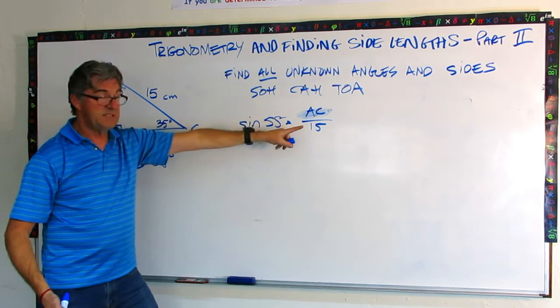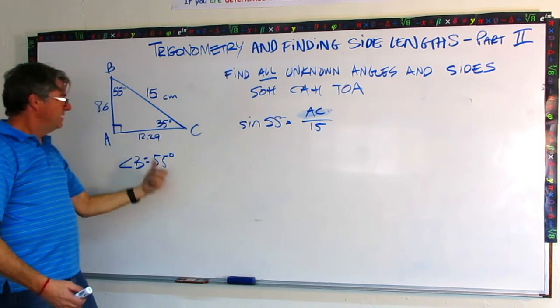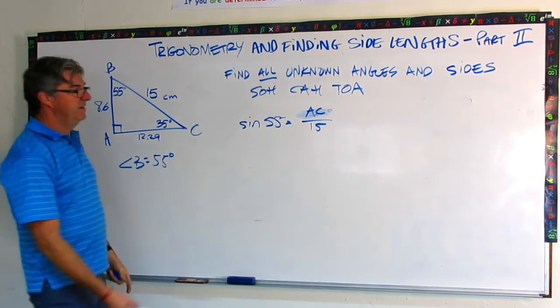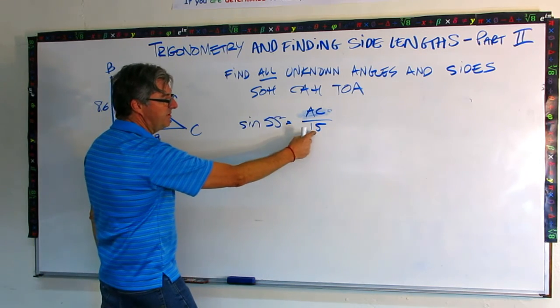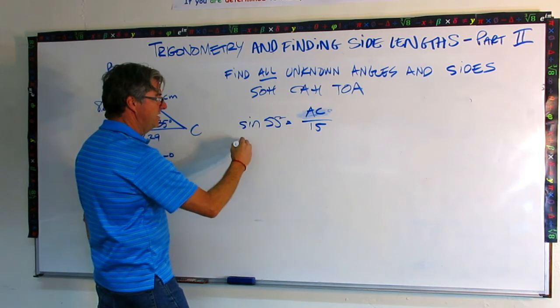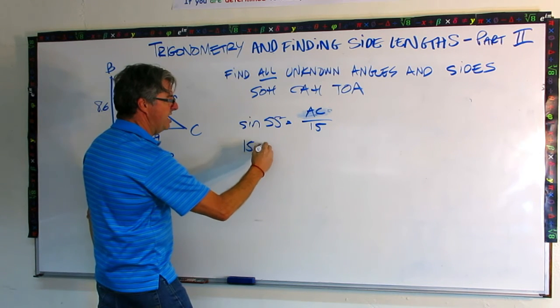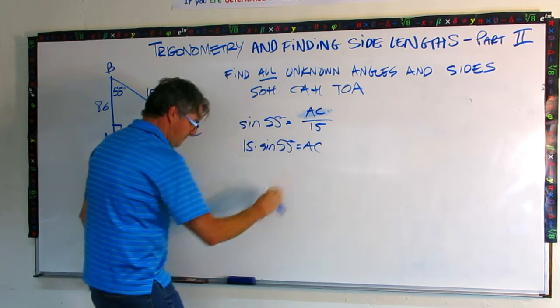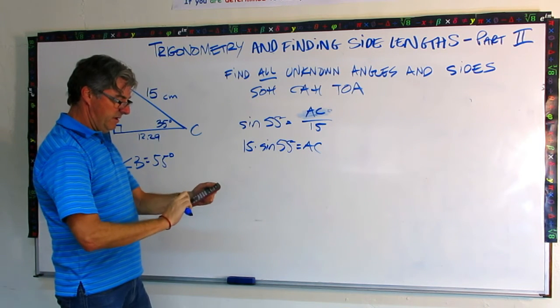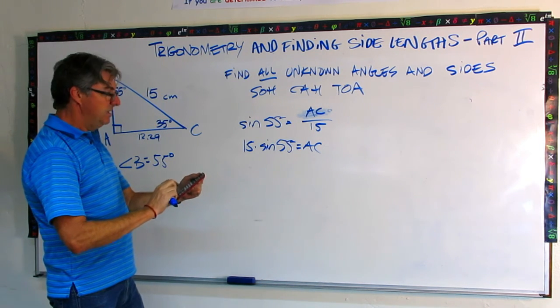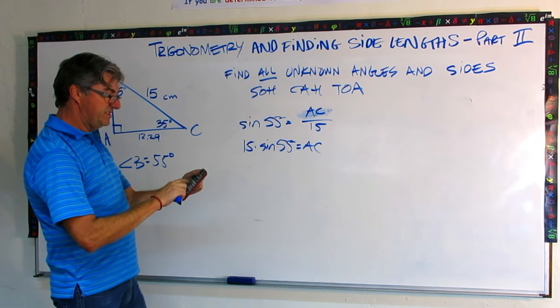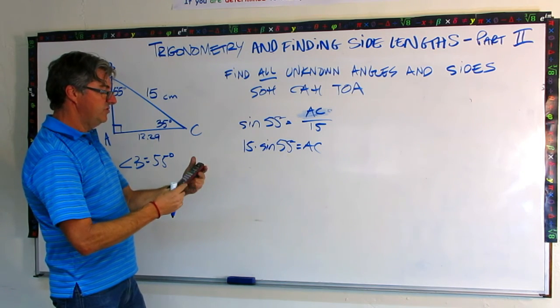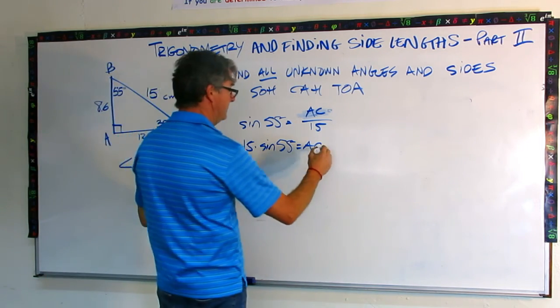So let's work this math and make sure AC comes out to be 12.29. Variable's up high, so we multiply the bottom times the trig function. That's 15 times the sine of 55 equals AC. Pull out my calculator. 15 times 55 sine equals 12.29.